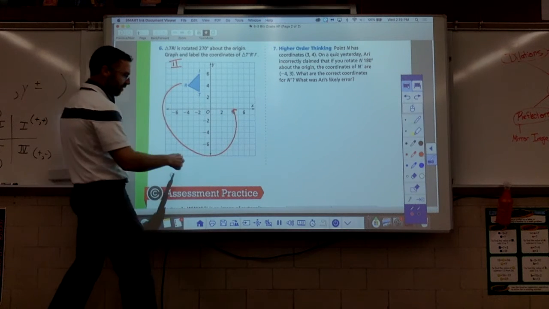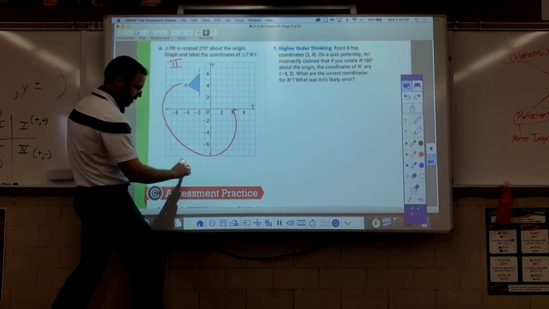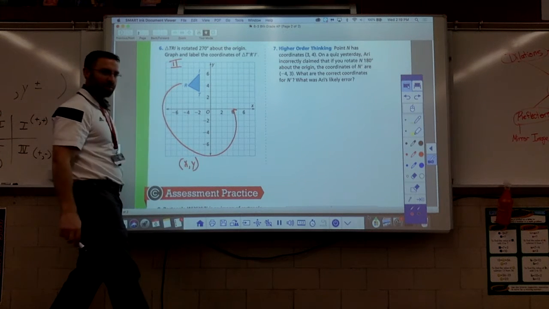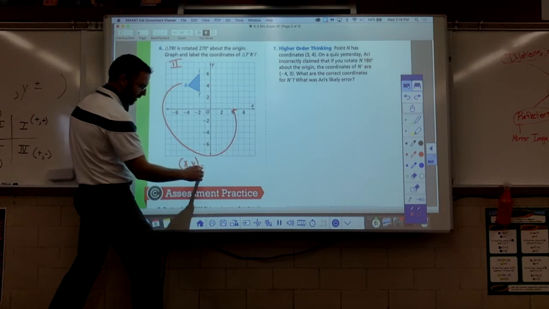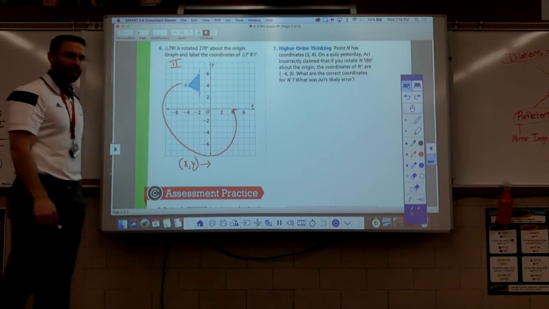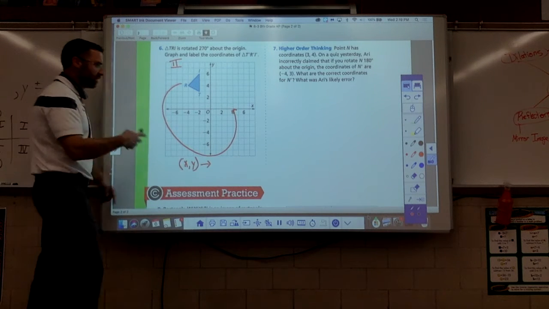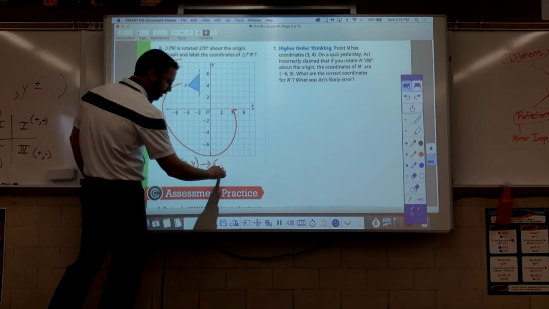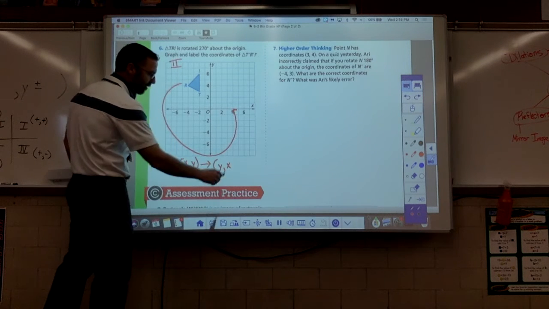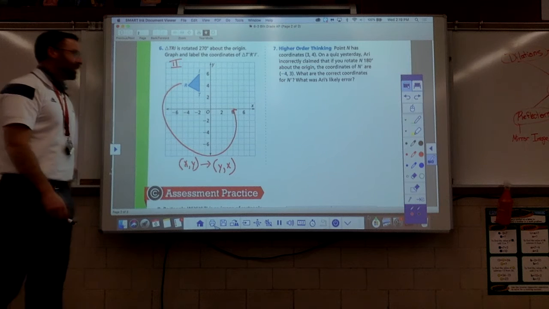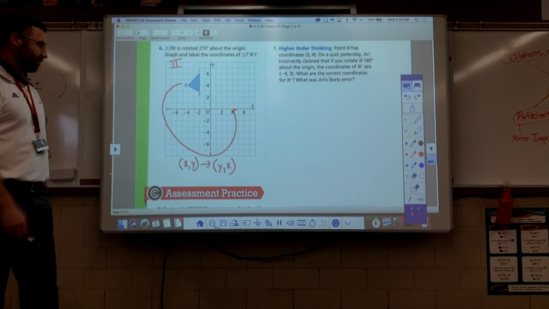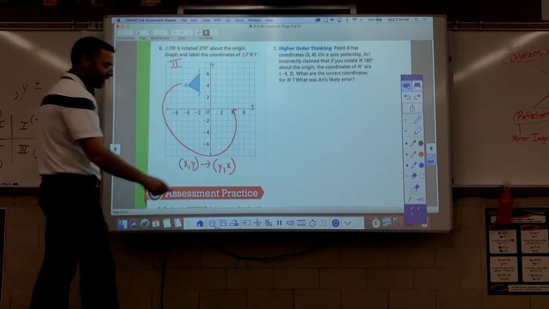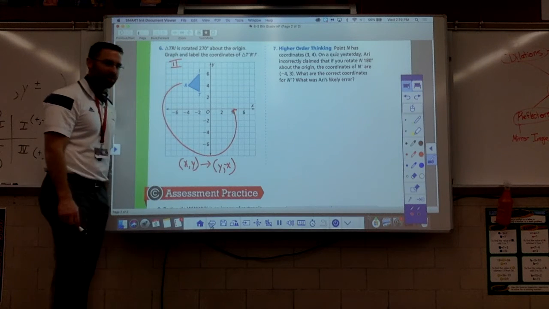The rule for a 270-degree rotation is that we take a coordinate pair. This time we got to put it in the tumble machine. So those 2 numbers are going to flip around, and then we have to take the opposite of one of them. We're going to take the opposite of whatever that x value was.